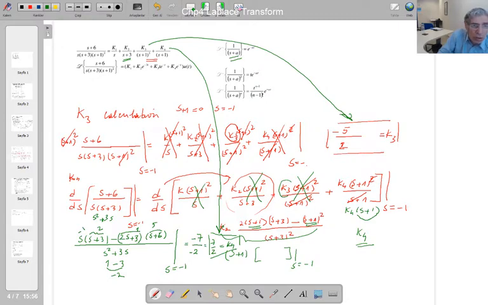So it's going to be e to the power minus 3t. Here it says minus A. For the multiple root case, which is this case, the corresponding time domain function is going to be t times e to the power minus A. A is 1 here, isn't it? So for this one, this.